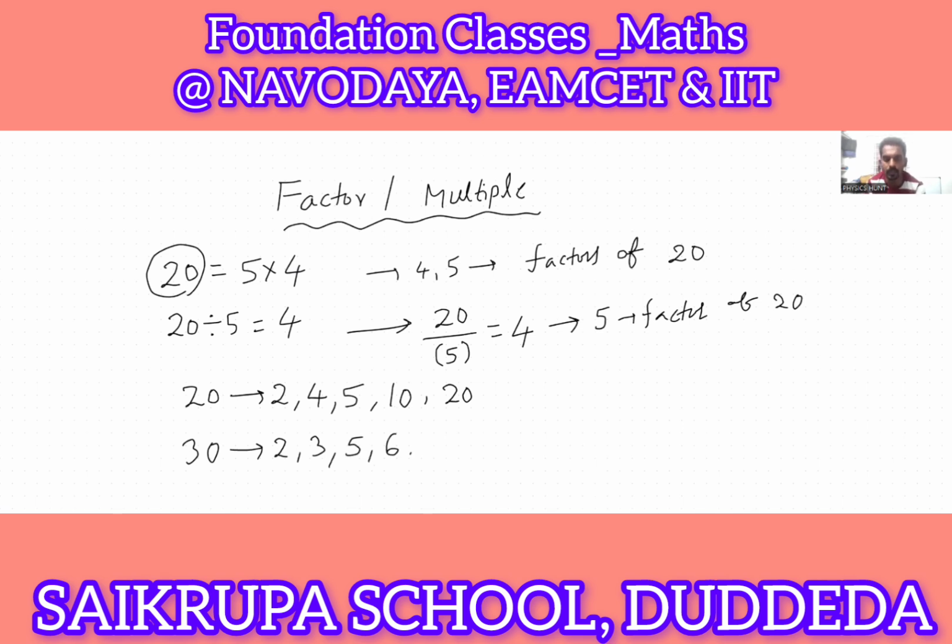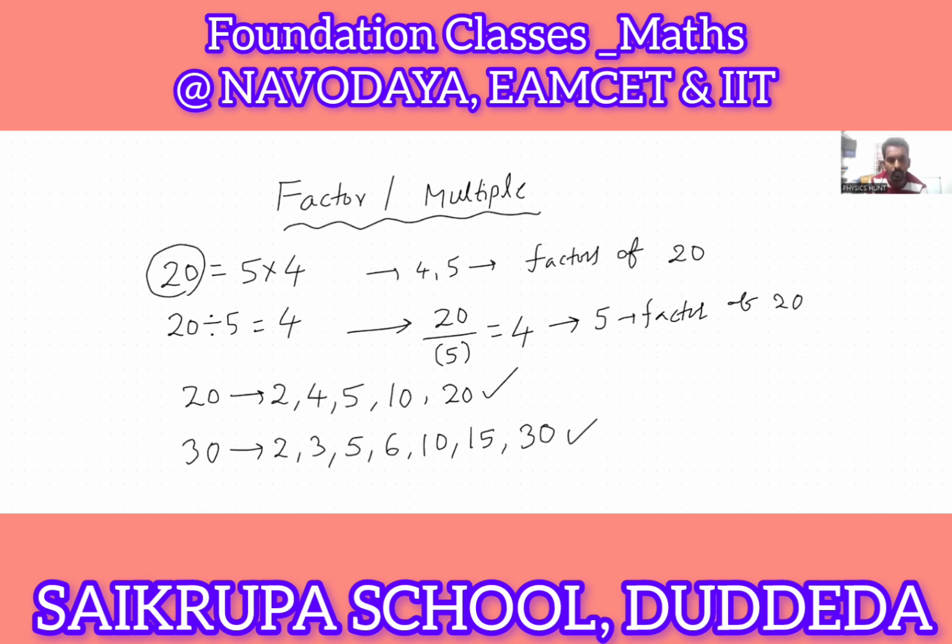Then 7 is not possible, 8 is not possible, 9 is not possible, 10 is possible, then 11, 12, 13, 14 are not, 15 is possible, 15 into 2 is 30. Then 20 is not possible, and finally we get 30 only. So like that, for 20, these all are called factors. For 30, these all are called factors.